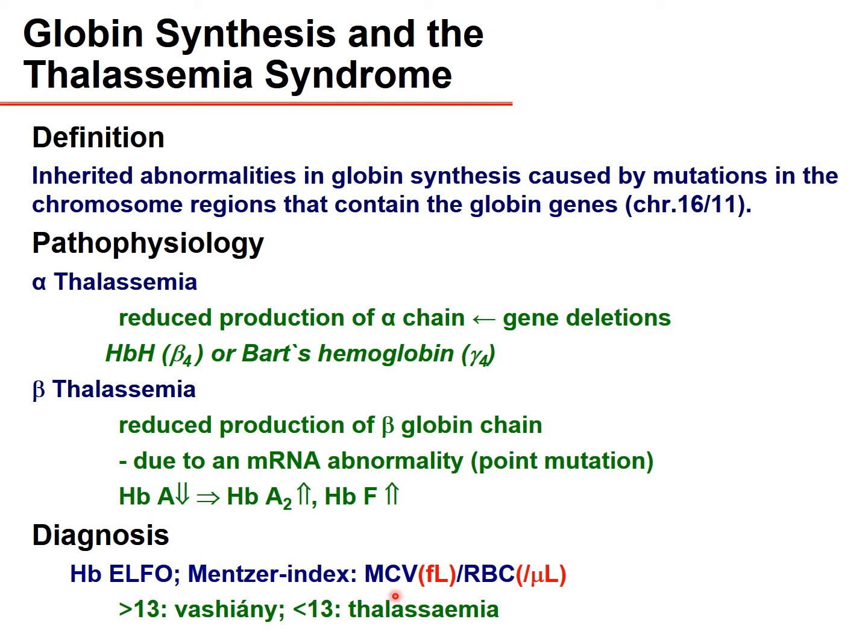The Mentzer index considers the MCV, the volume of the red blood cells, and the red blood cell count. If you divide the MCV by the RBC, we have mostly iron deficiency anemia if this quotient is bigger than 13, or thalassemias when the quotient is less than 13.